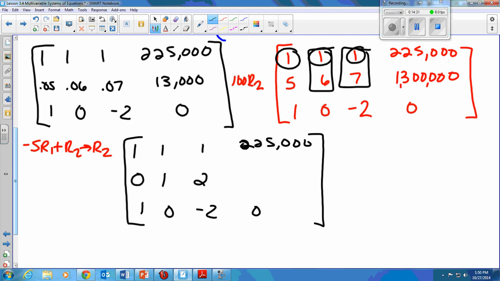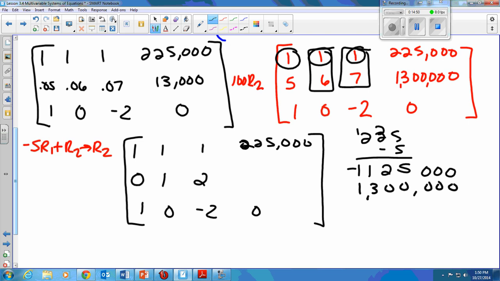So we know some shortcuts, right? So that's 5, 2, that's 10, 12, that's 10, 11. And there's my 3 zeros. So that's negative 1,125,000 plus 1,300,000. So if I add two numbers with different signs, what am I really doing? Subtracting. So really what I want to know is, I'm subtracting 1,125,000 from 1,300,000.